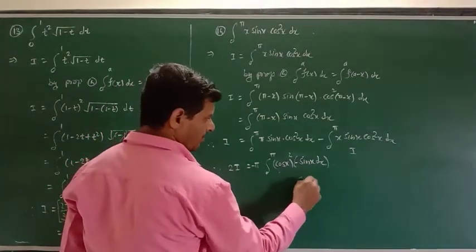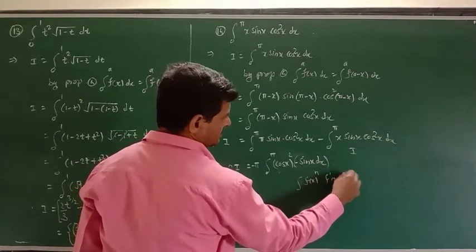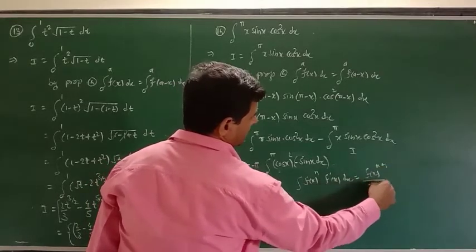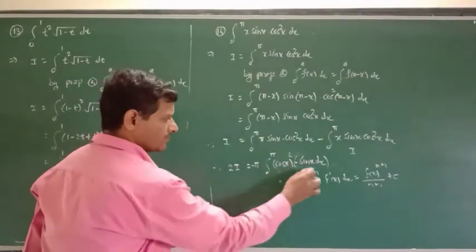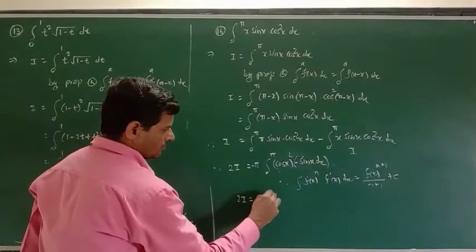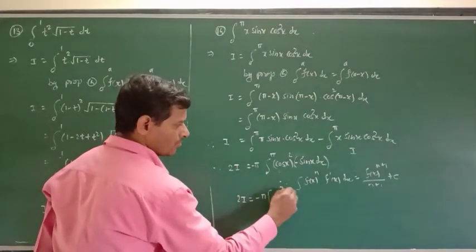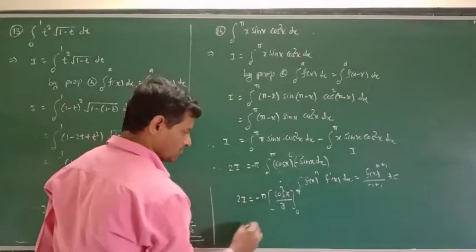By using the property, the integral of f(x) raised to n into f dash x dx is f(x) raised to n plus 1 upon n plus 1 plus c. So 2I is equal to minus pi times cos cube x upon 3, with limits 0 to pi.